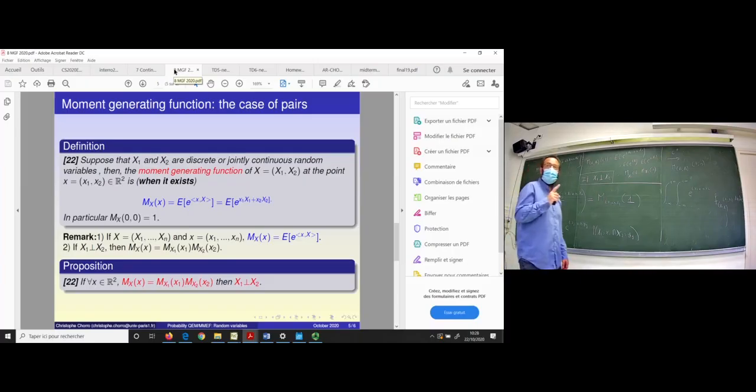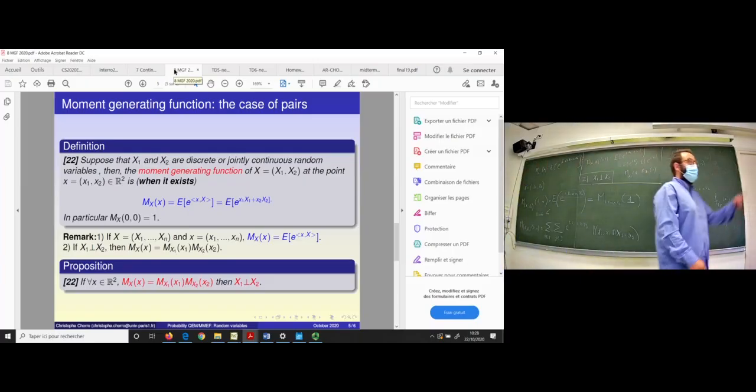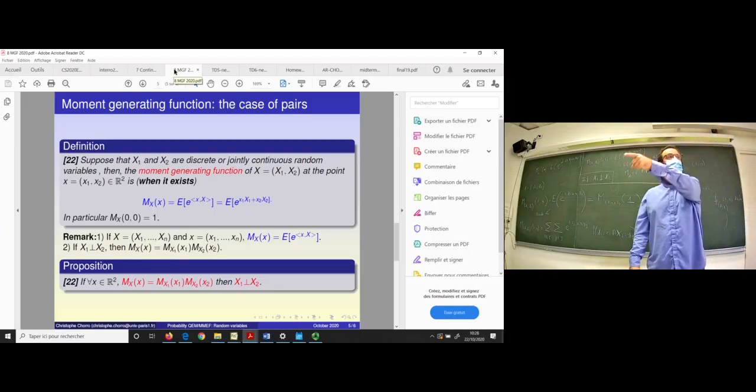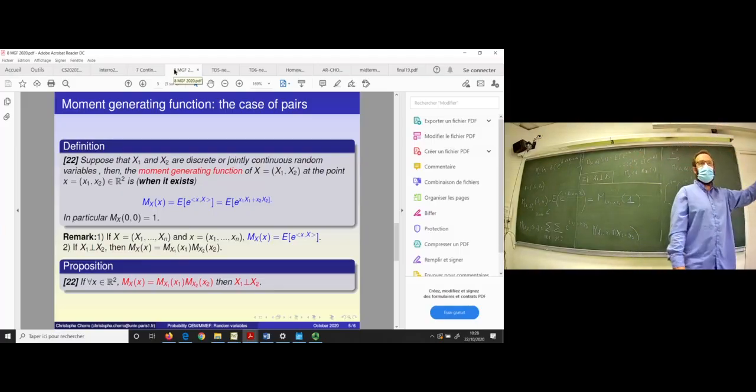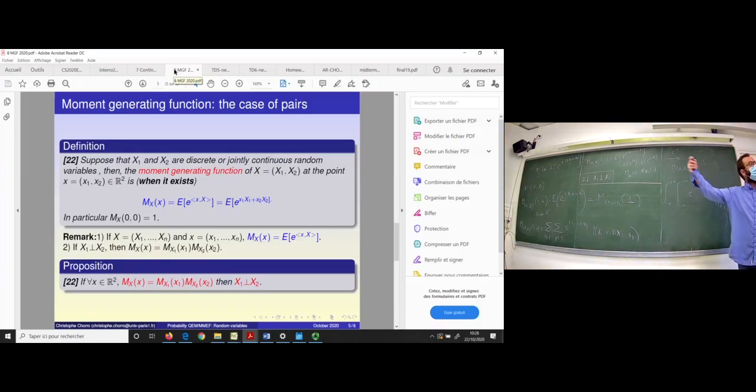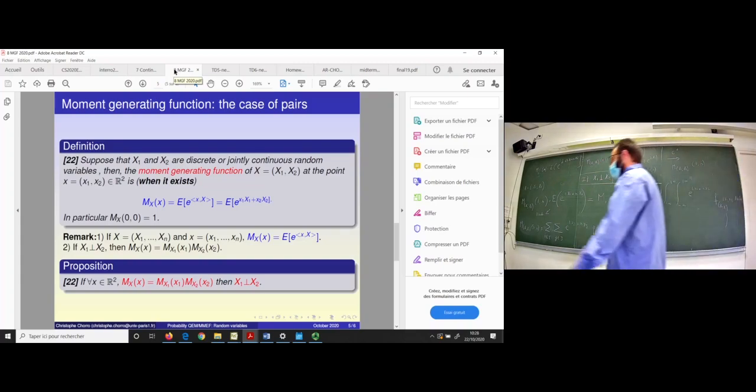Something that is really powerful, because what you know in general is that independence implies covariance 0. I have said to you that be careful, covariance 0 in general doesn't imply the independence. Okay, it's not true in great generality, but in a particular situation it will be, because we are going to use this one, okay, in the case of Gaussian.